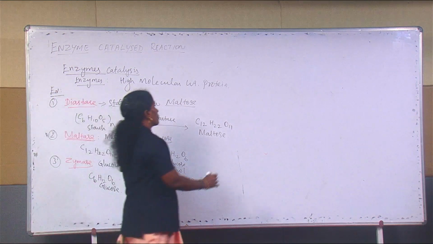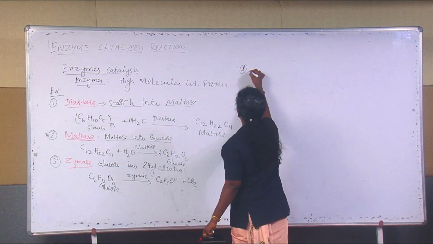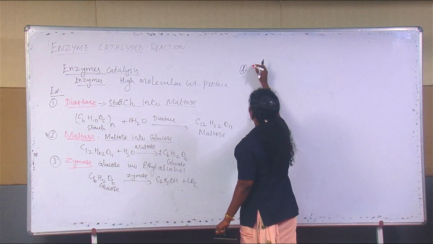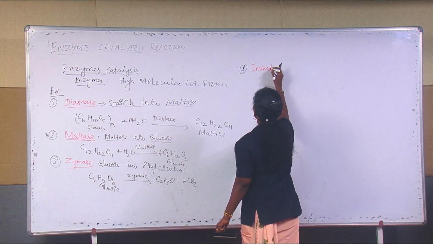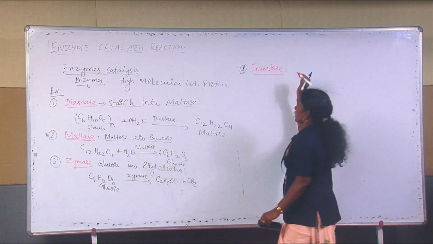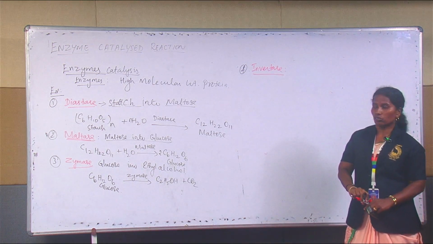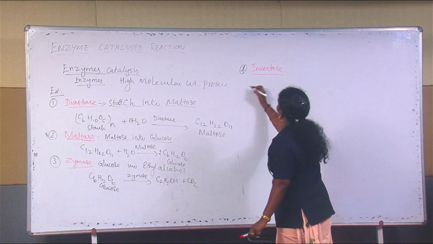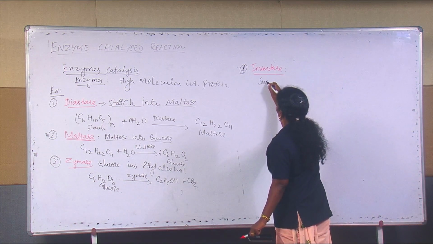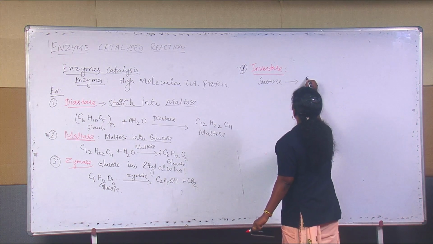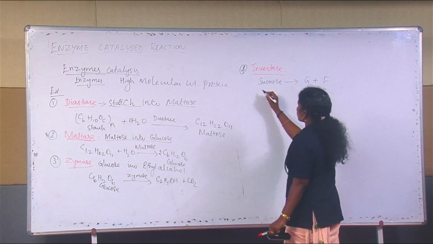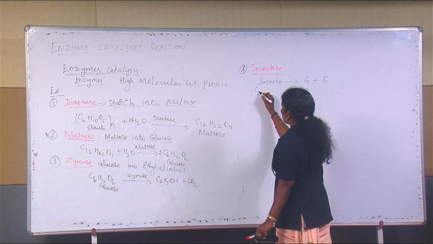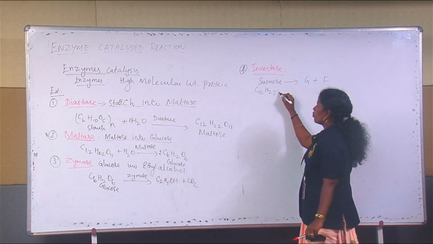The fourth enzyme catalyst reaction is invertase. The enzyme invertase is used to convert sucrose into glucose and fructose. Sucrose is a disaccharide, C12H22O11.